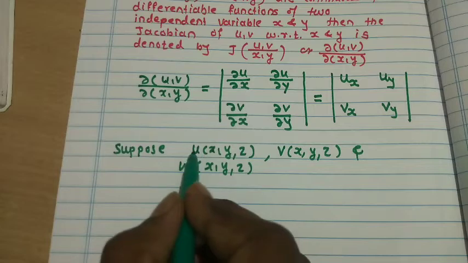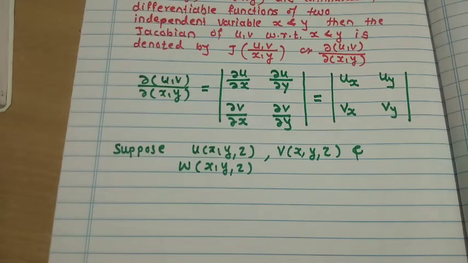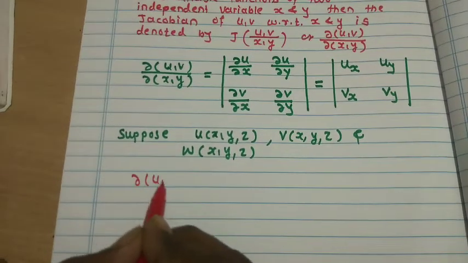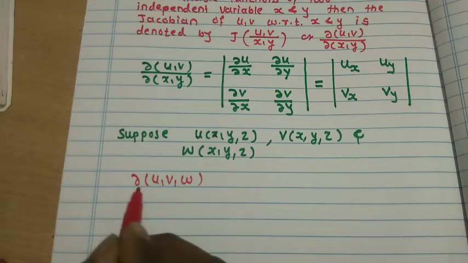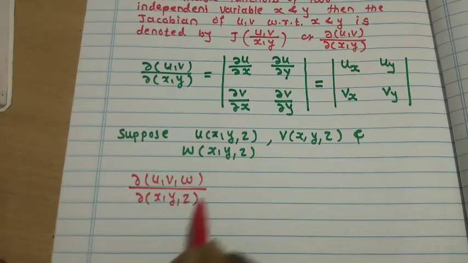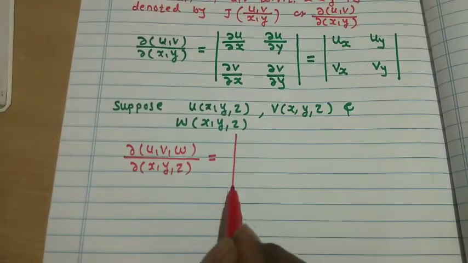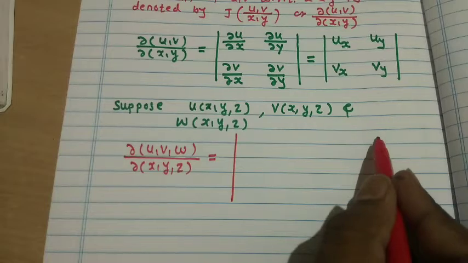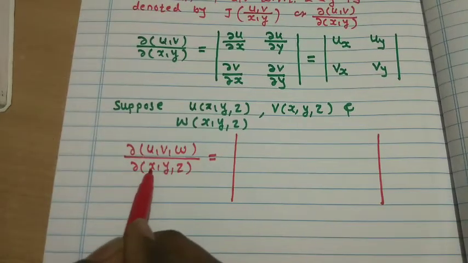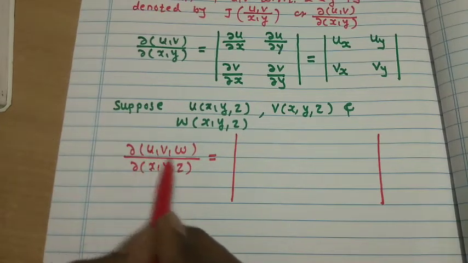Then Jacobian of u, v, w with respect to x, y, z is given by del of u, v, w by del of x comma y comma z is equal to determinant of, first write down del u by del x in first row, del u by del y, del u by del z.